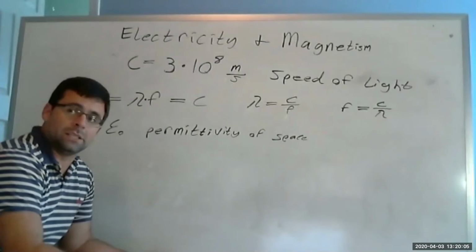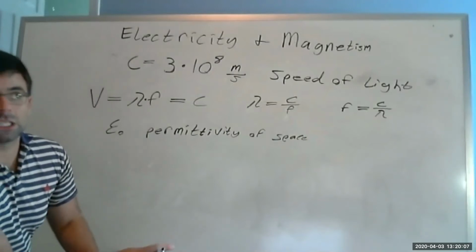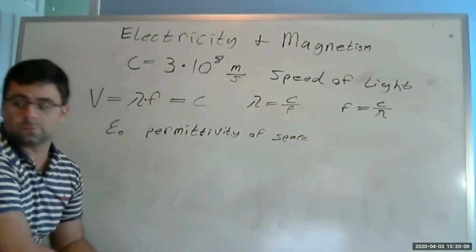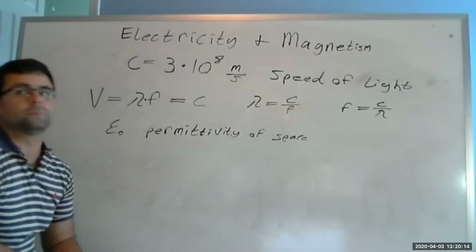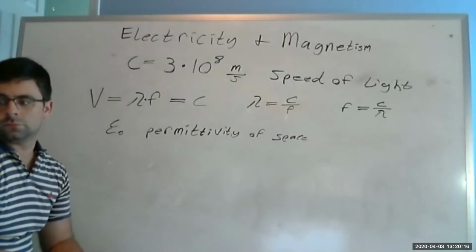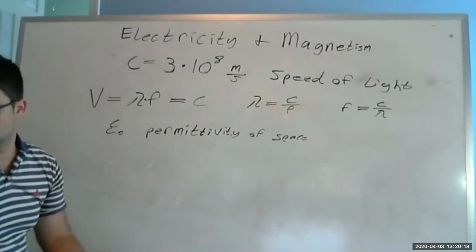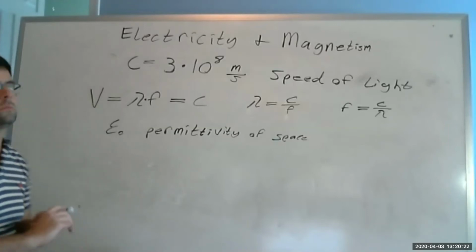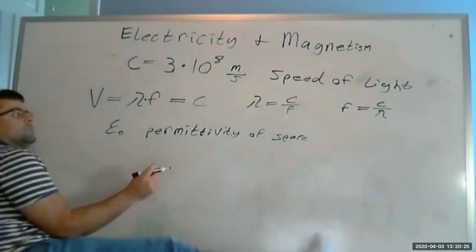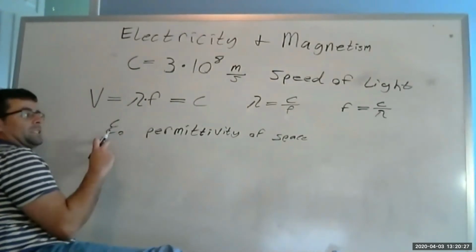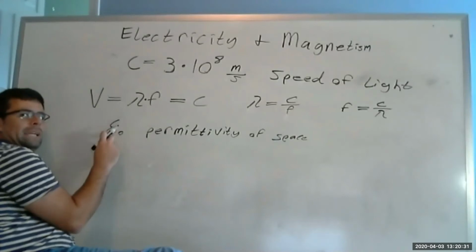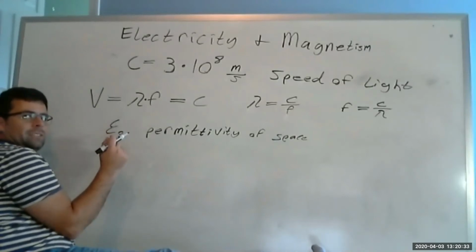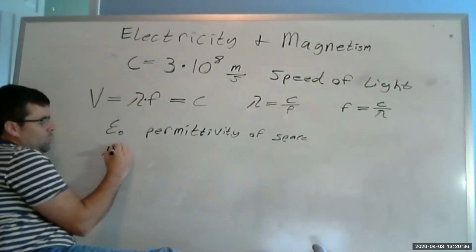Okay, with this in mind, there was a constant for magnetism. What was that one? So electricity had an E. What do you think magnetism is going to have? An M. A mu.